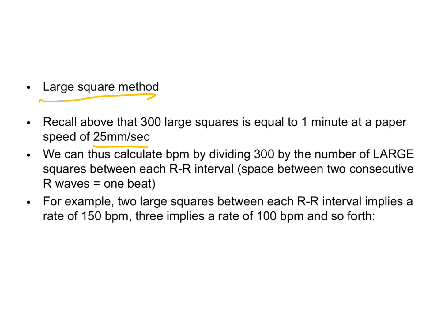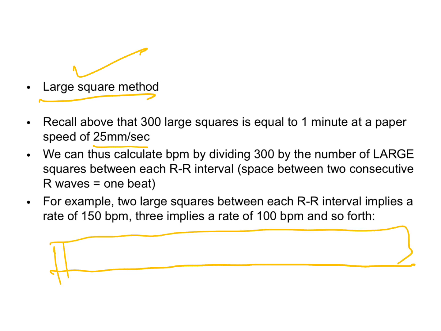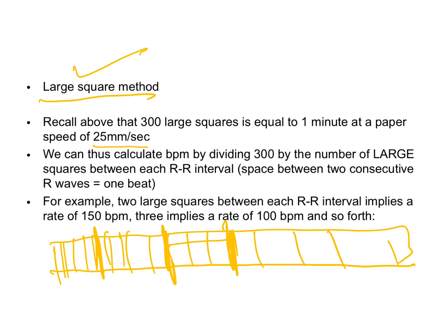So when using the large scale method, we have to look at the ECG rhythm strip. These are small scales, and these are large scales, in between which there are at least 5 small scales.